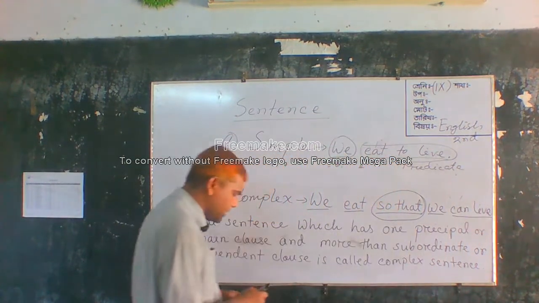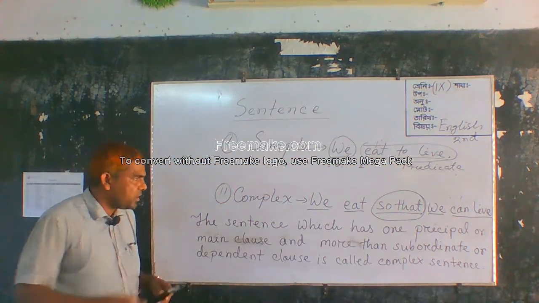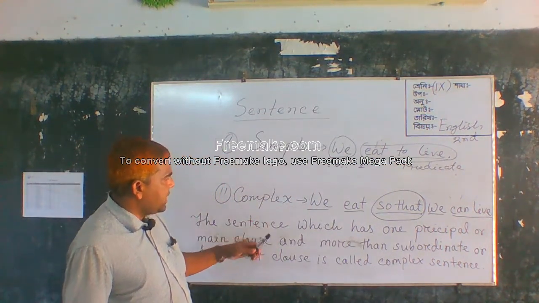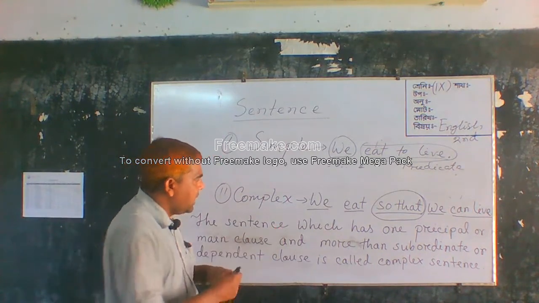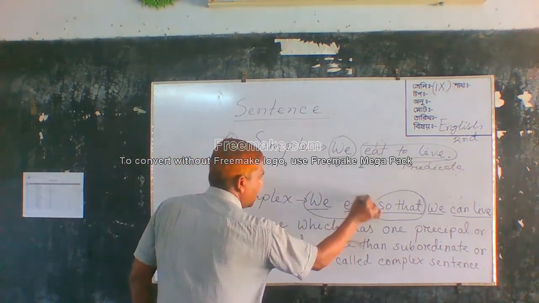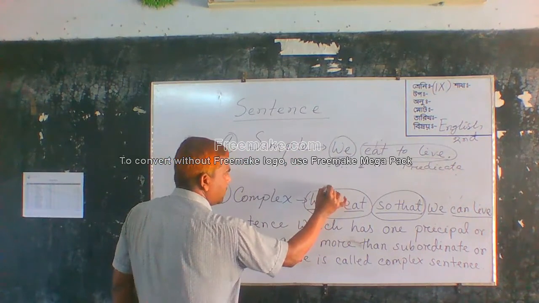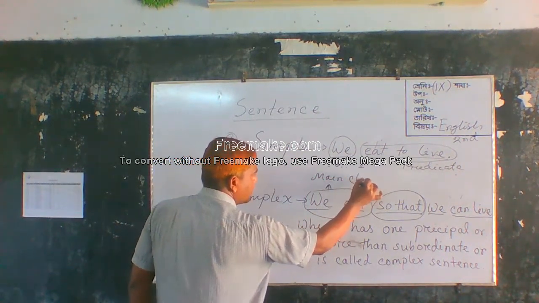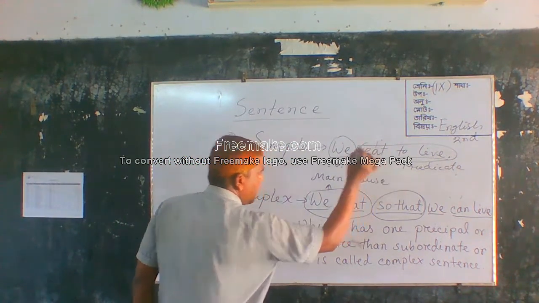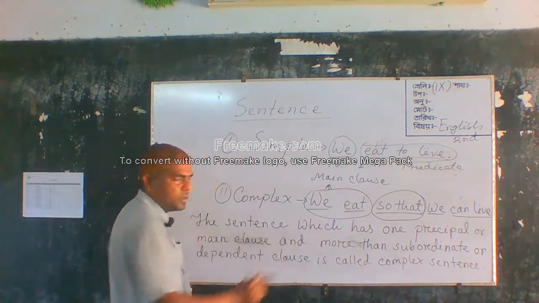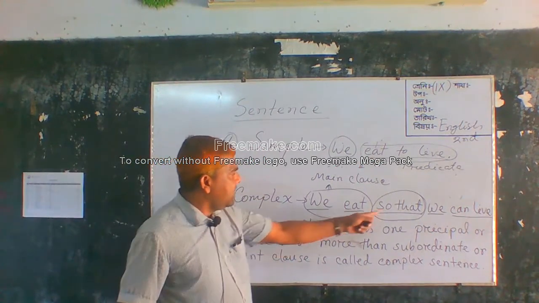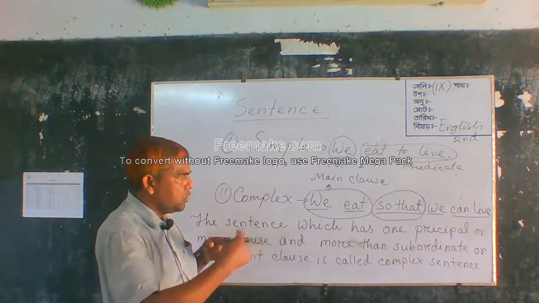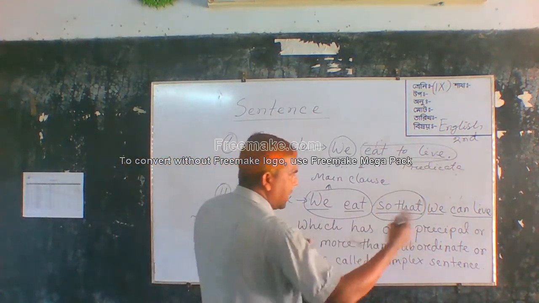Complex sentence. Dear learners, listen to me and look at it attentively. Here we can see this is the principal, main clause: only one main clause, and the subordinating conjunction that connects it with the subordinate clause.